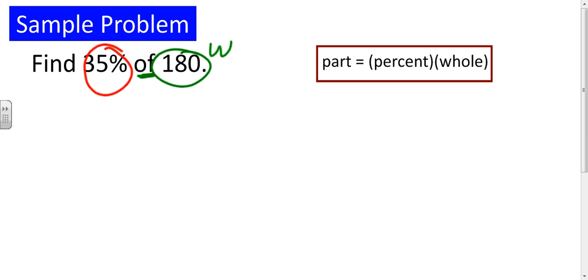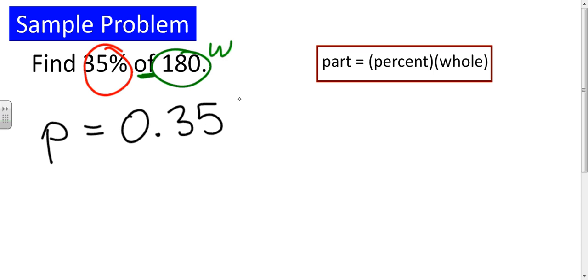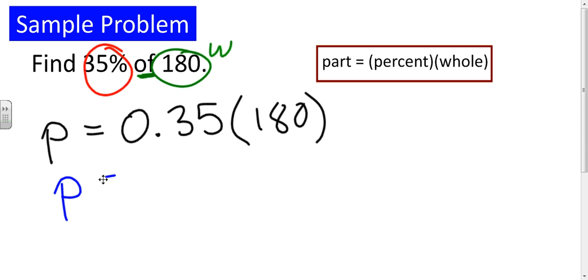So the equation I'm going to write is part equals the percent, and I'm going to change this percent to a decimal, times the whole. And I'm simply going to multiply 180 times 0.35, and I get 63. So the part is equal to 63. 63 is 35% of 180, and that makes sense.